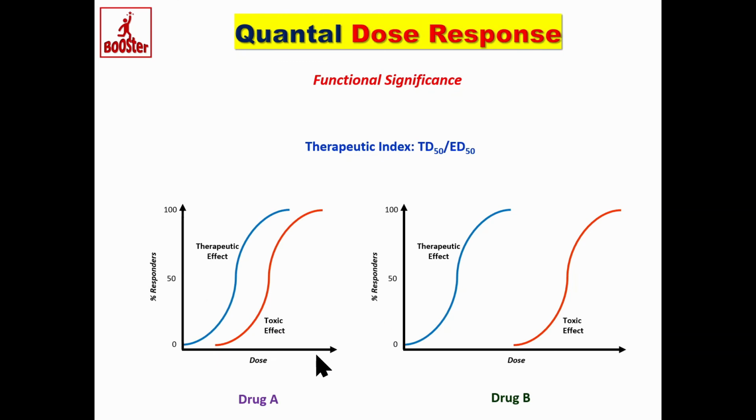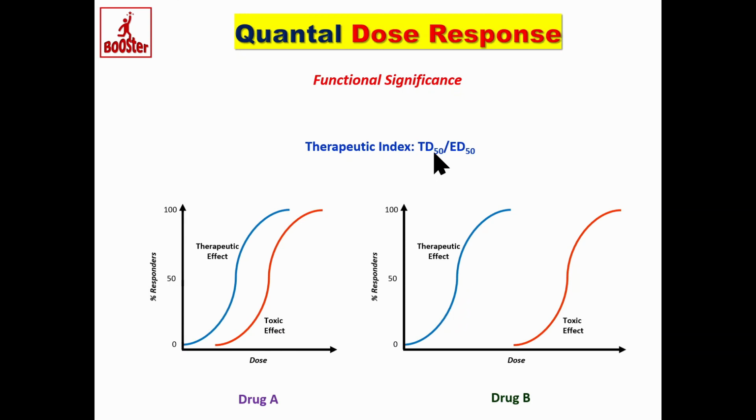In order to explain this, let's take two drugs, drug A and drug B, and you plot the dose response for both drugs, both therapeutic effect and toxic effect for each drug. So this is drug A, this is drug B. You can see that for drug A, the dose responses for therapeutic effect and toxic effect are really close by, but in drug B, the toxic effect dose response is way toward the right compared to the therapeutic effect dose response.